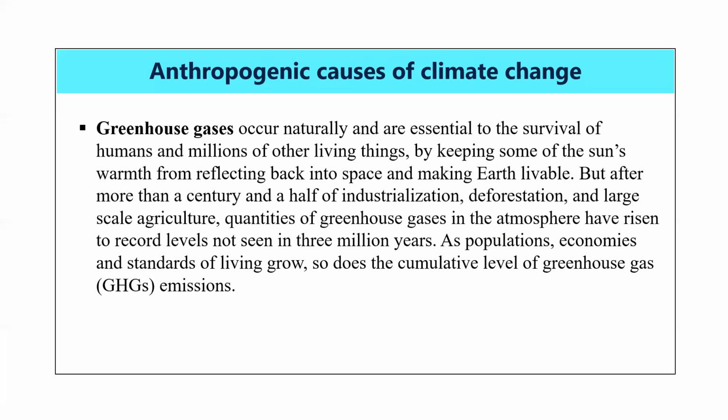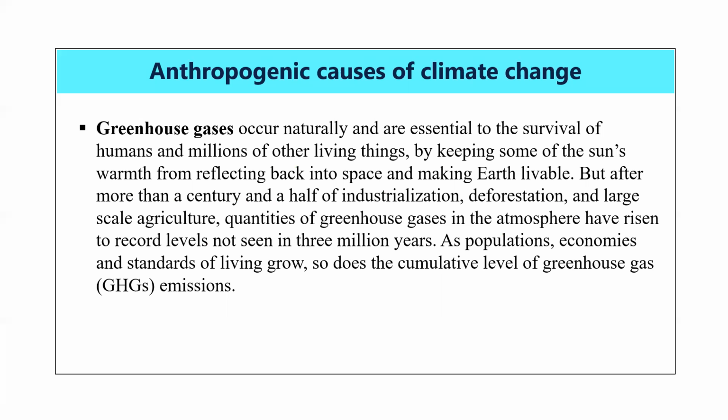For example, you're cooking using your liquefied petroleum gas or whatever you have in your houses. Of course, it's easier for you to cook. You don't need to work with the traditional way of cooking. It's too easy, but the cost of that is you are putting out carbon footprints.